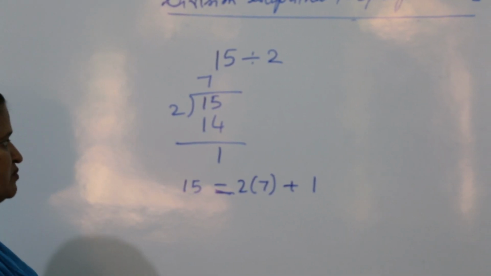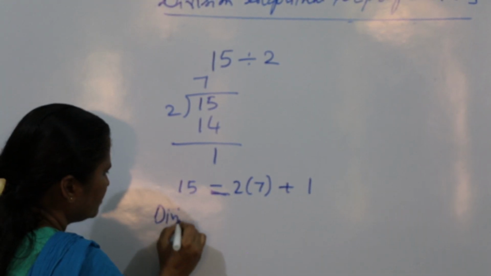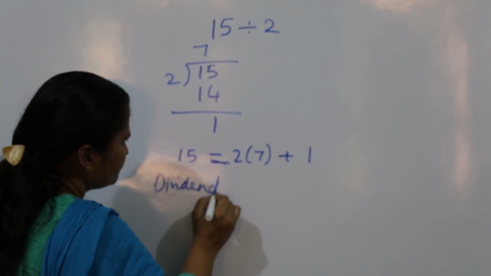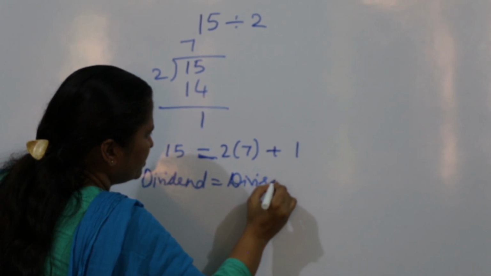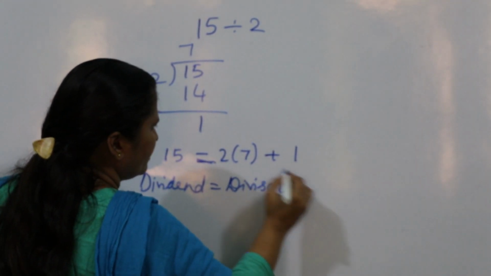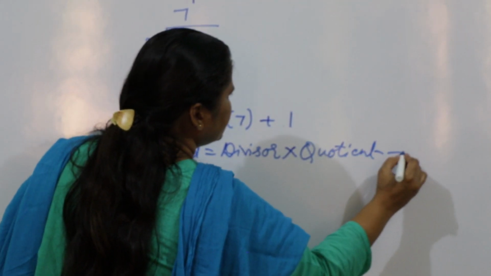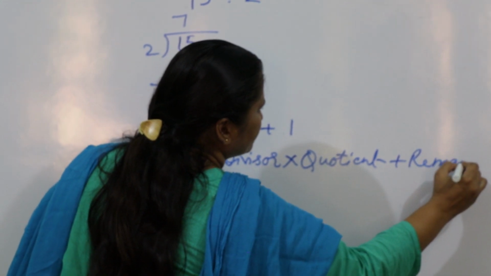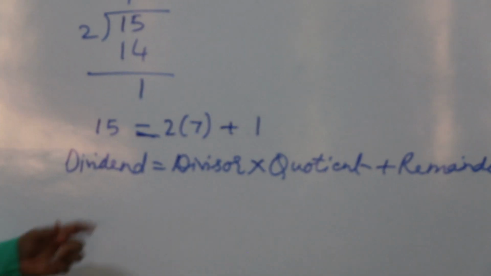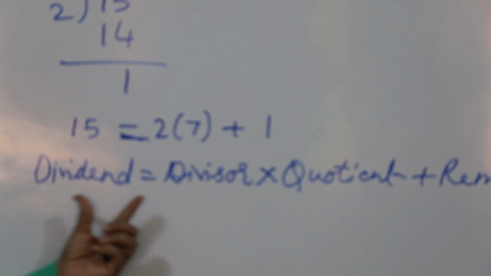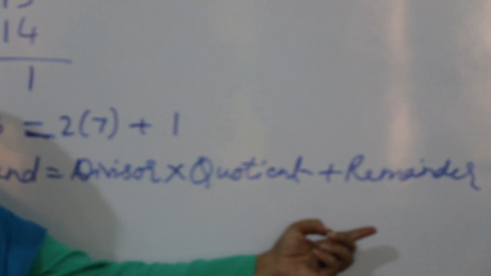So what is this? This is our dividend. What is this 2? This is our divisor. What is this 7? This is the quotient. And what is this? Remainder. Dividend is equal to divisor times quotient plus remainder.